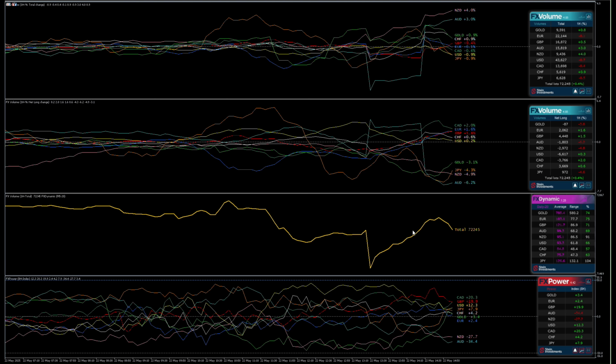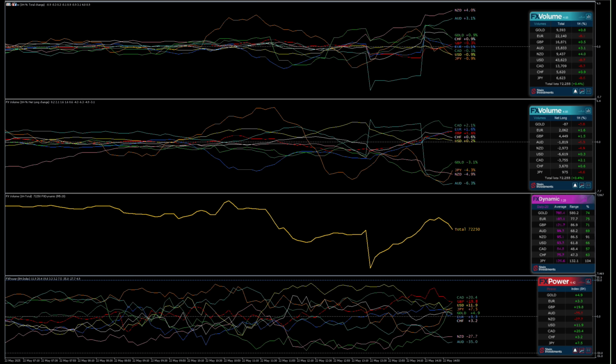So, that said, gold is indeed a world on its own because it provides great and stable one-sided moves even if the rest of the market looks like this here.